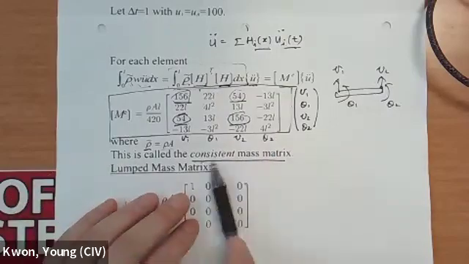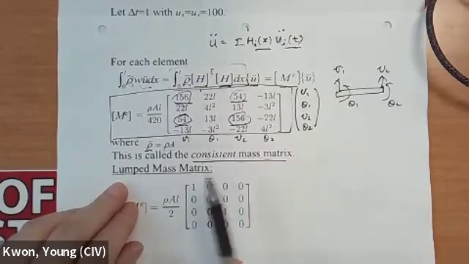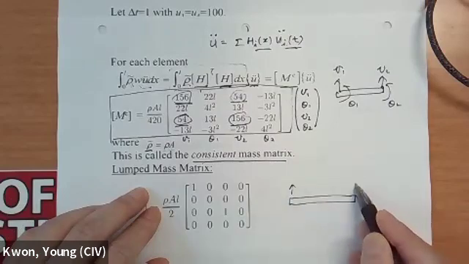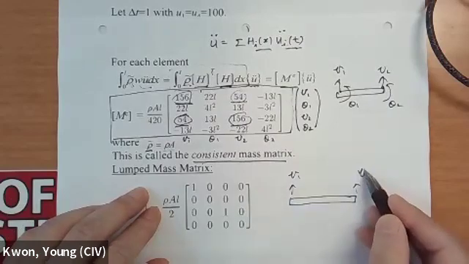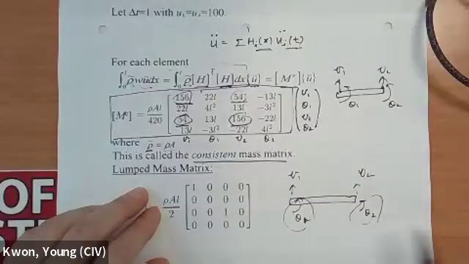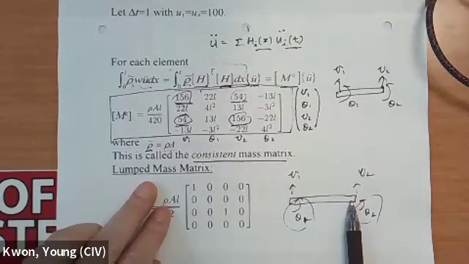Anyhow, this is one kind of mass matrix. A simpler mass matrix is possible because, as I said, only linear mass is important, like V1 and V2. Theta 1 and theta 2, the rotational mass, are not important, as shown in the governing equation. So one simple way, if the geometry is uniform, with uniform cross section throughout the length of the element, is to simply use a lumped mass matrix.